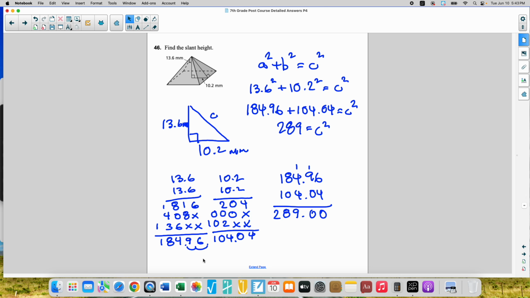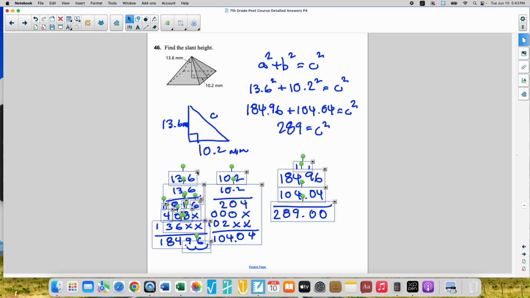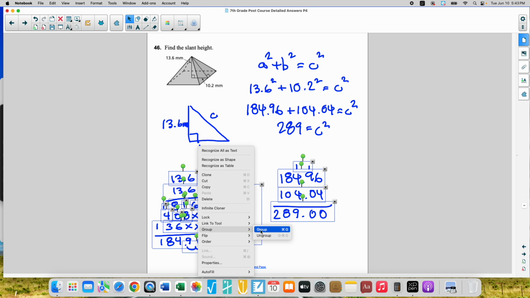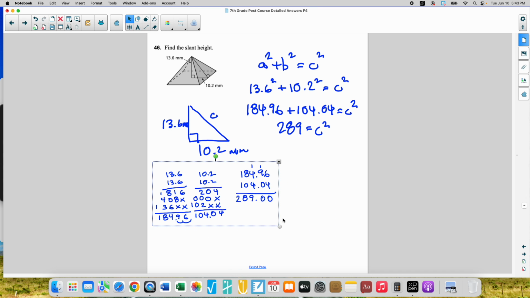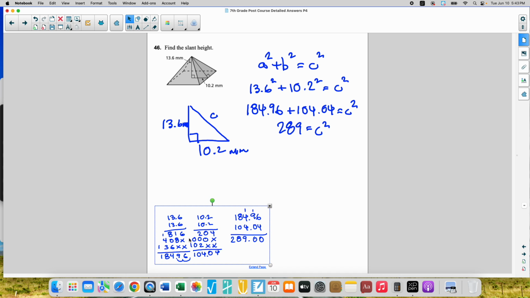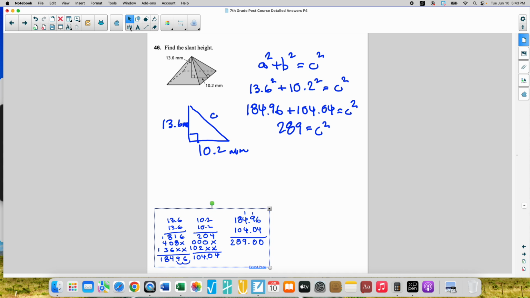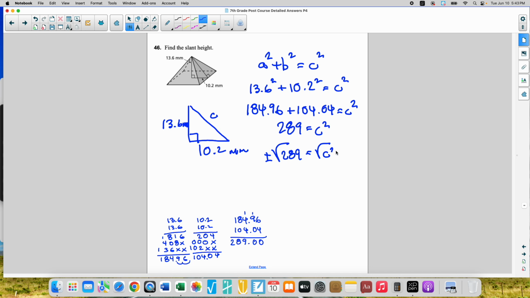Let's group all this, make it smaller, and place it down here. And let's take the square root of both sides. So the square root of 289 equals the square root of c squared. A square and a square root cancel. c equals plus or minus the square root of 289.